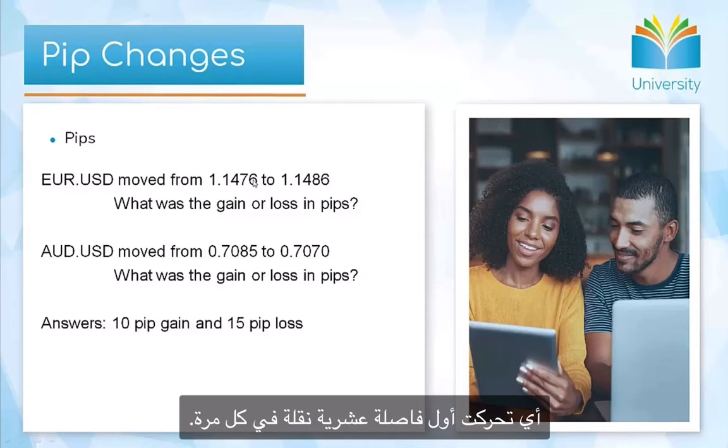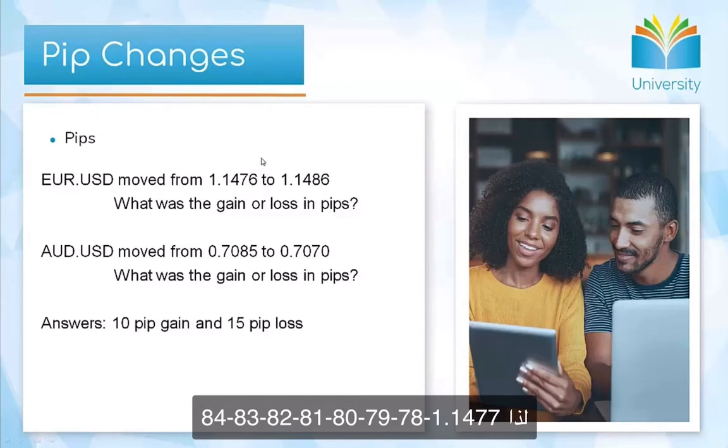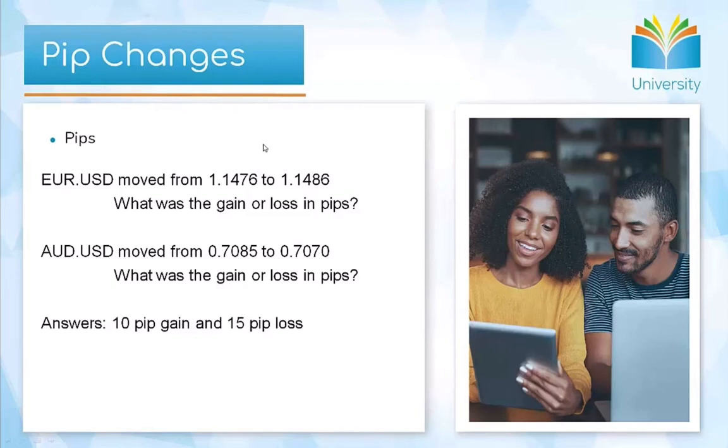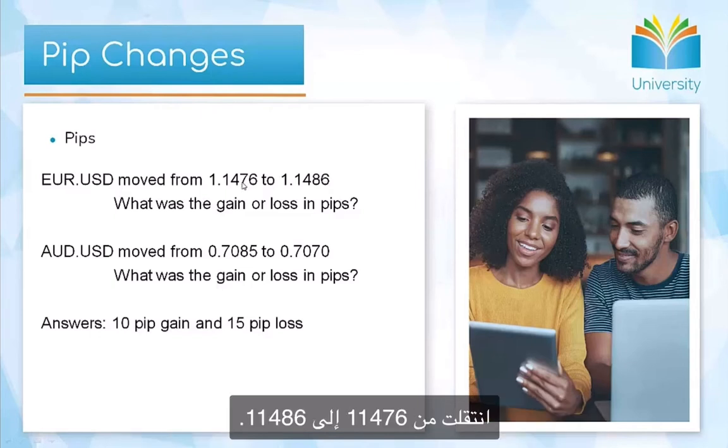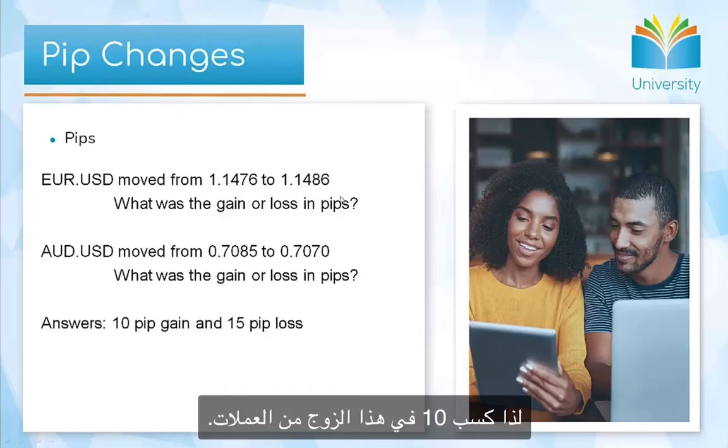Well, the first decimal point is moving one pip at a time. So 1.1477, 78, 79, 80, 81, 82, 83, 84, all the way up to 86. You can see this went up 10 total pips in value. It went from 114.76 to 114.86. So that's a gain of 10 pips in this currency pair.